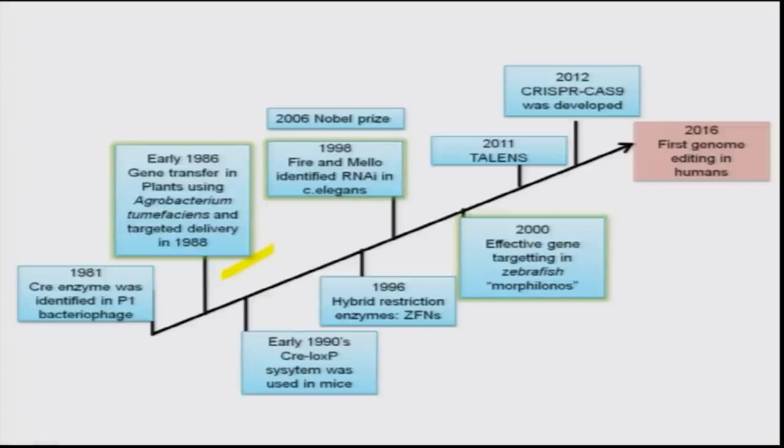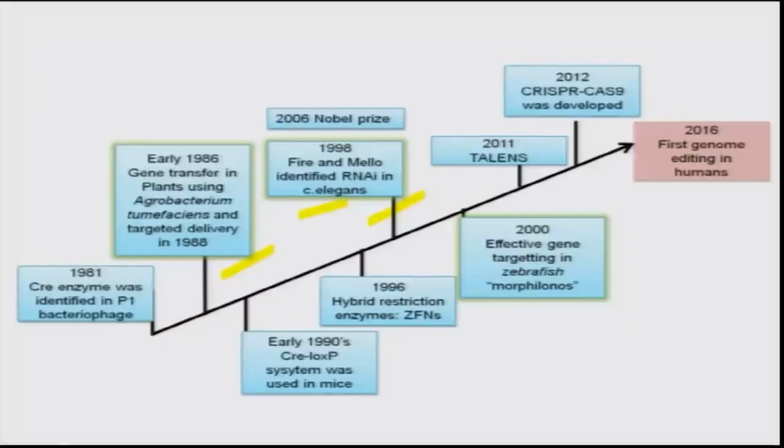One very important discovery that led to the Nobel Prize was called RNAi, or RNA interference, which was first introduced in studying gene function in a very popular model system called C. elegans. It is a worm, a nematode, Caenorhabditis elegans, and people have used this model to understand how development takes place and how genes regulate development. It is called RNAi because you create a short RNA that can affect the function of a given gene.